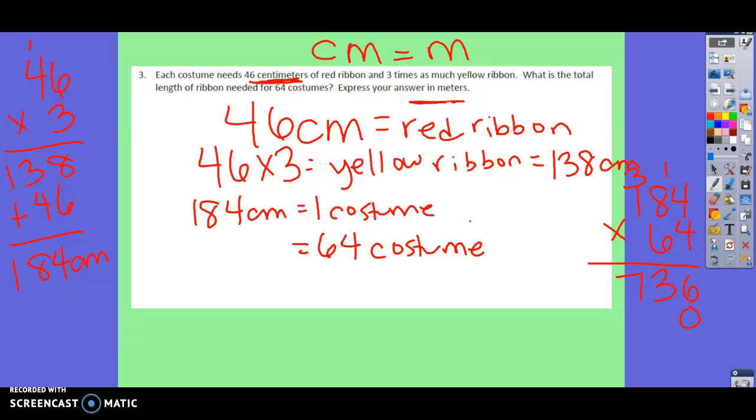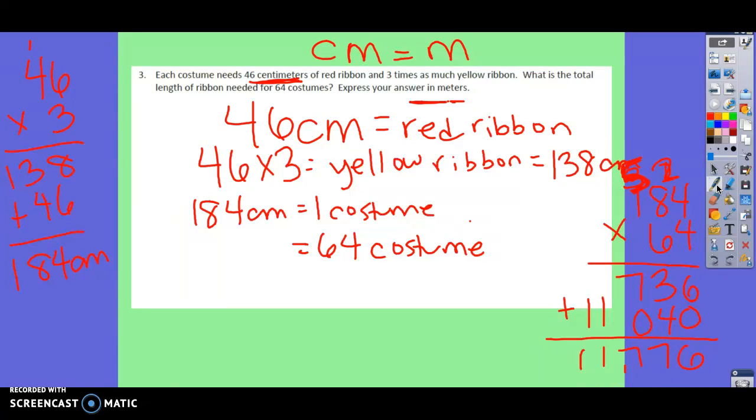Put a 0. 6 times 4 is 24. 8 times 6 is 48 plus 2 is 50. 6 times 1 is 6 plus 5, I've got 11. So I add that up and get 11,776. Make sure my commas are in the right place.